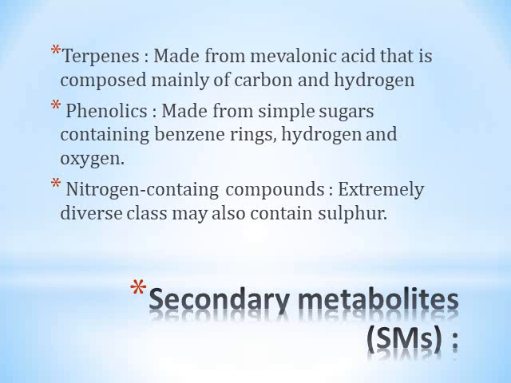A simple way of classifying secondary metabolites includes three main groups: terpenes, made from mevalonic acid, that is composed mainly of carbon and hydrogen; phenolics, made from simple sugar containing benzene ring, hydrogen, and oxygen; and nitrogen containing compounds, an extremely diverse class that may also contain sulfur.